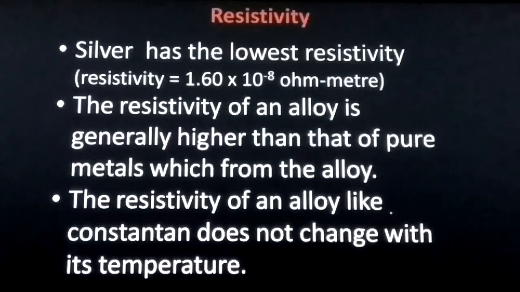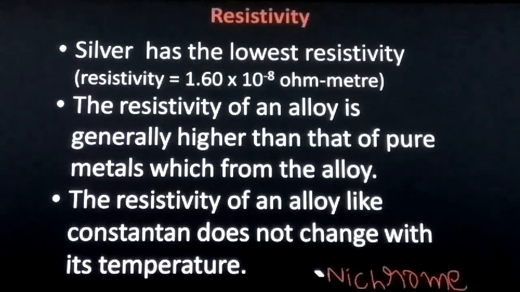That is nichrome, which is made up of nickel, chromium, iron, and manganese. You have heard the name nichrome. Nichrome is an alloy, and in the name itself it contains nickel. I will show you here.